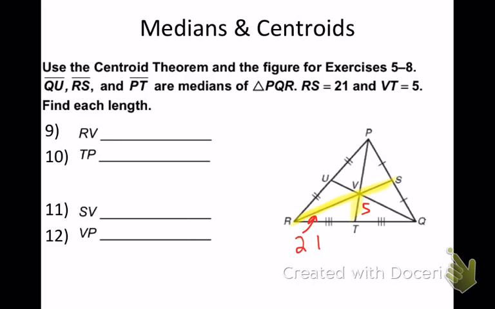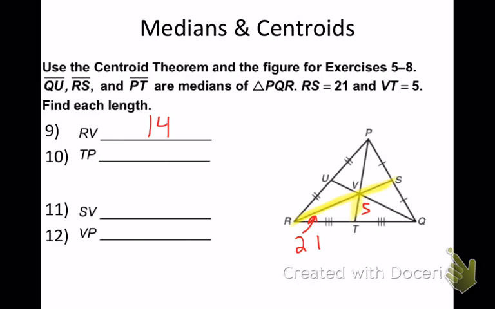Number 9, I want to find RV. Well, what's RV going to be, Caden? RV would be 14. Nice job. How'd you find that, Caden? Because half of 28. 14 is not half of 21. You know what? I think you should take that home.